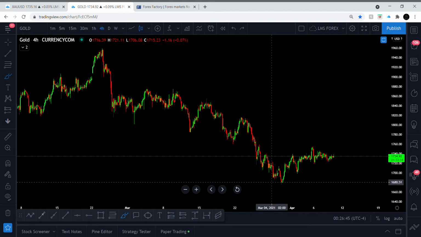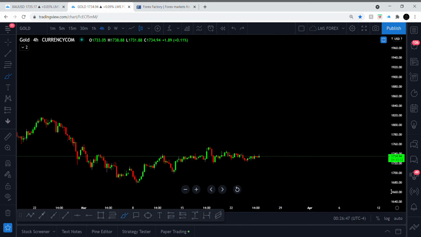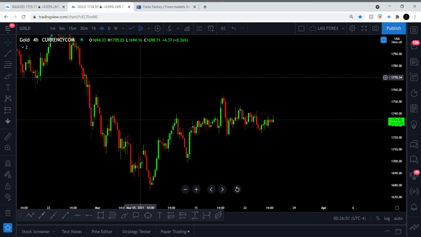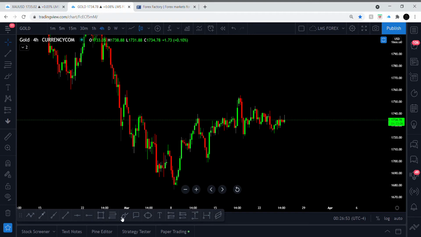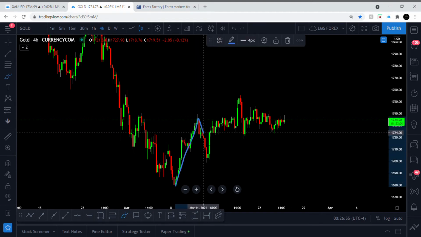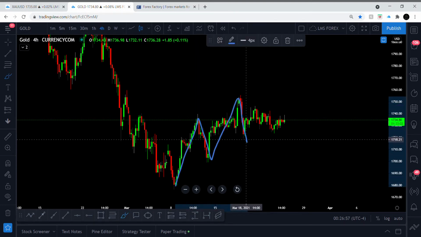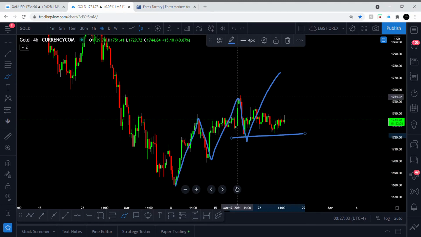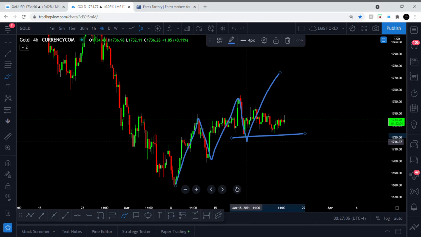Okay, so at this point, I'm looking at my chart more as a ranging market. As long as this level is respected, this previous higher low, I consider this a ranging market, but more inclined into a bullish market.